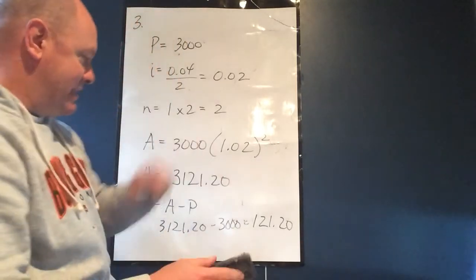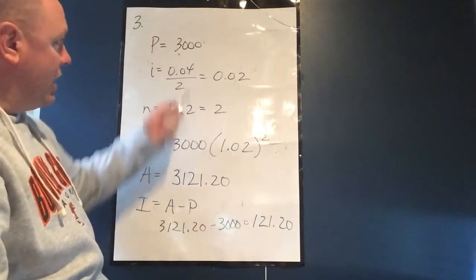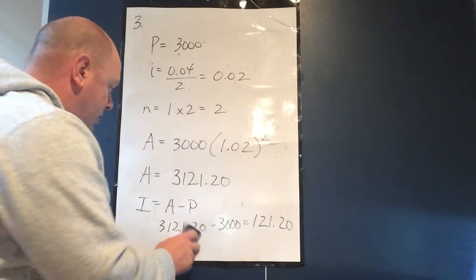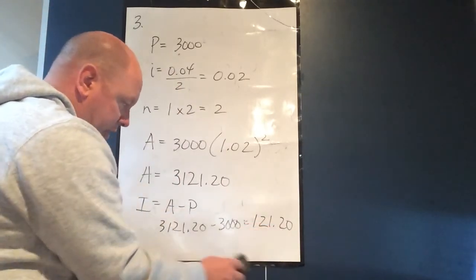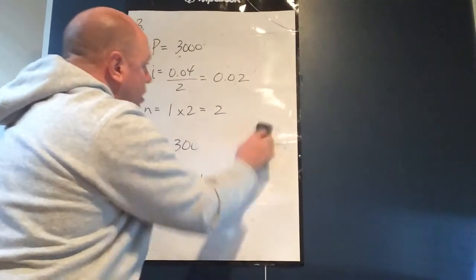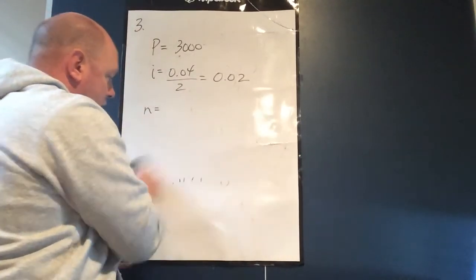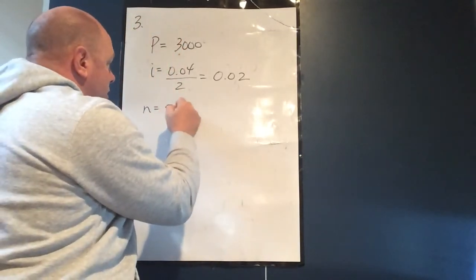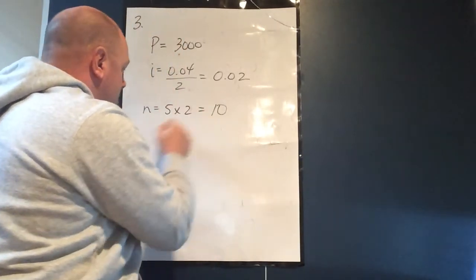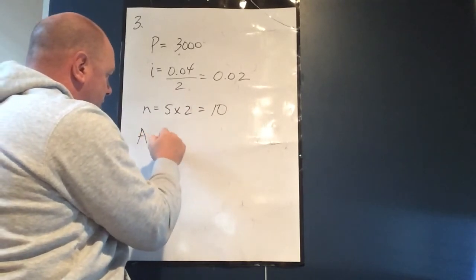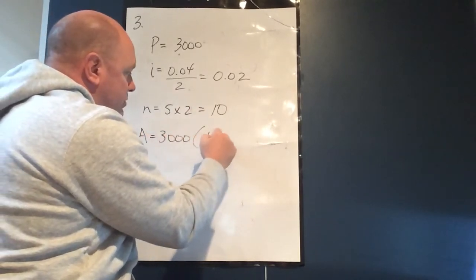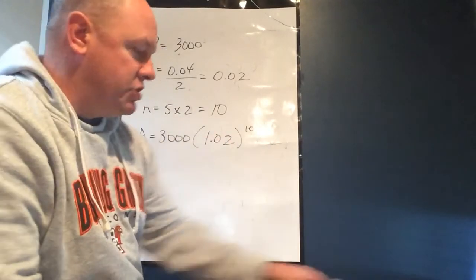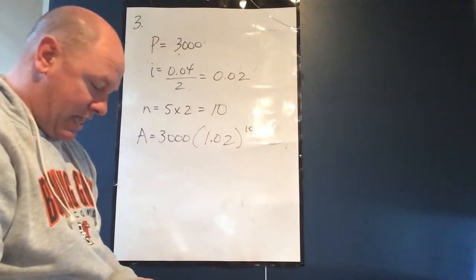Now we got to go back to the second part here, and now we got to figure out how much she earned altogether. How much interest did she earn altogether? So that was for the first year. Now we're going to figure out how much she's going to earn in the 5 years. So 5 times 2 equals 10. We're looking at 3,000, 1.02 to the exponent 10. And now we're going to figure out how much she earned in the 5-year time.